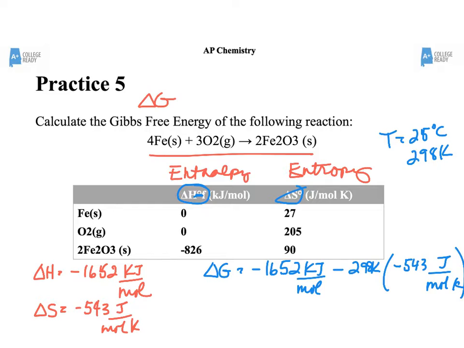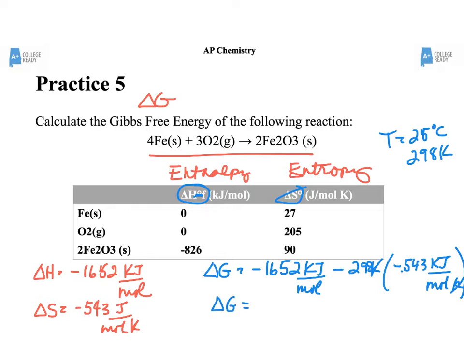Now, we're back to that unit problem. My delta S is in joules, my delta H is in kilojoules, so I need to change that. So all I have to do is divide by 1,000, which gives me 0.543 kilojoules per mole. Kelvins go away. Plug everything into your calculator.